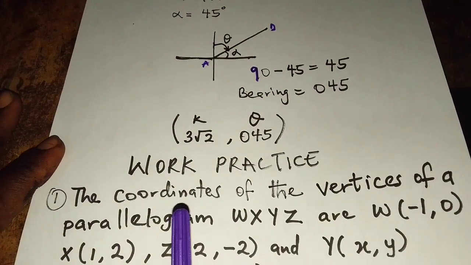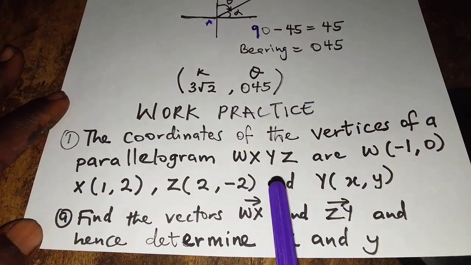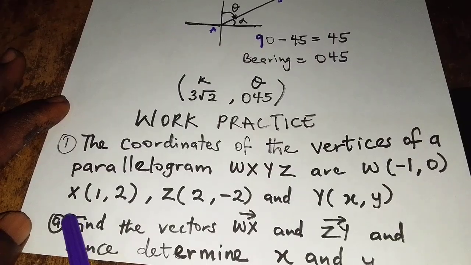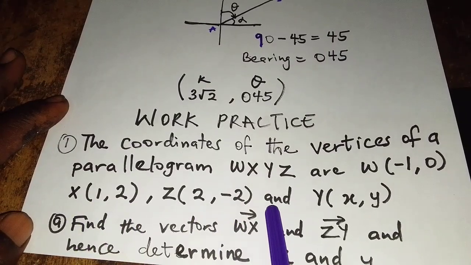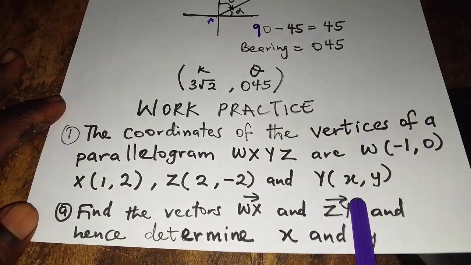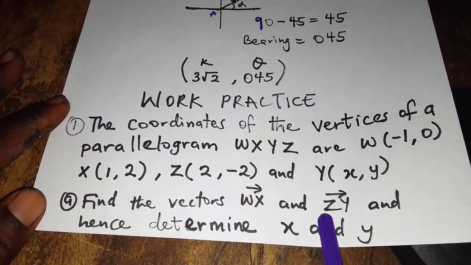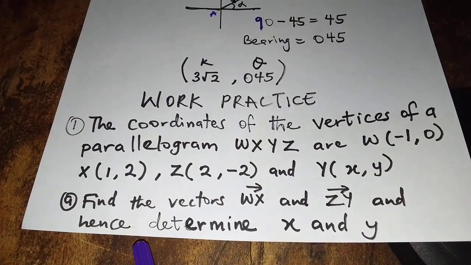So for the work practice, 1: the coordinates of the vertices of a parallelogram WXYZ are: W is -1 and 0, X is 1 and 2, Z is 2 and -2, and Y is x and y. A, find the vectors WX and ZY, and hence determine x and y.